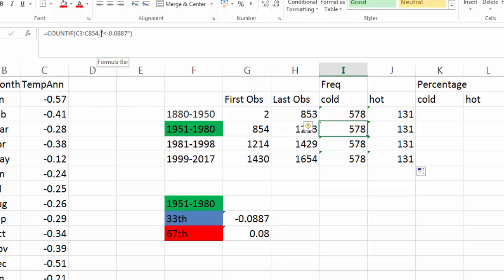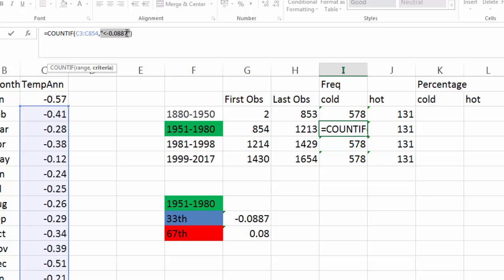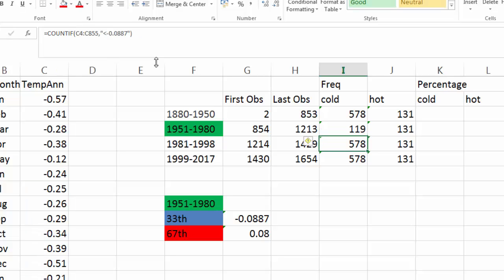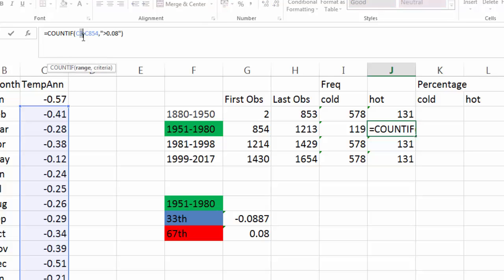Here the data are in C854, so that criterion stays the same, but the data are now in C854 to C1213. And we equally have to change the reference period here, C854 to C1213.